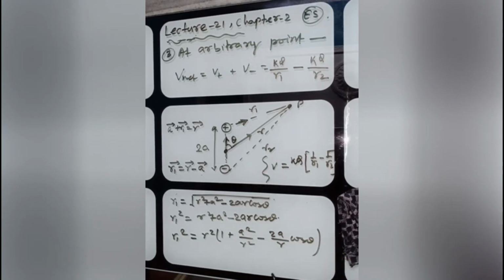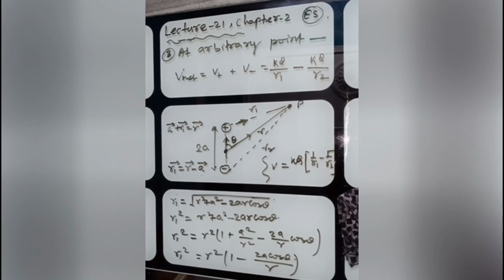Could you write? Since A is very small, the dipole length, for a short dipole we are obtaining the formula. A is small, and already we are getting A square, so it will be very small, and we are dividing by a denominator which is large. So this quantity will be very small, we can neglect it. R1 square is R square times 1 minus twice A cos theta over R. We can write this one.